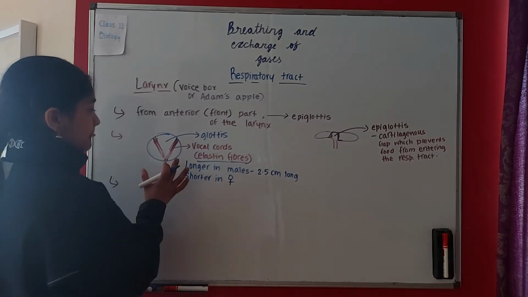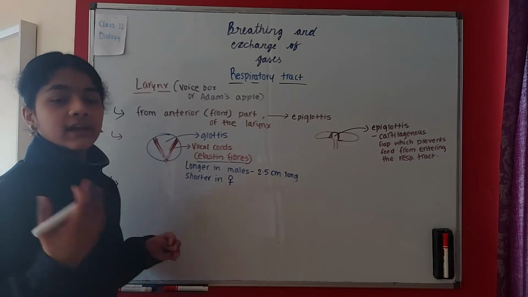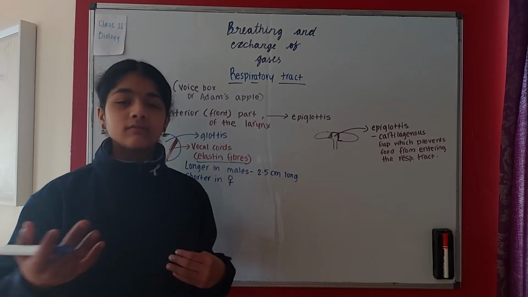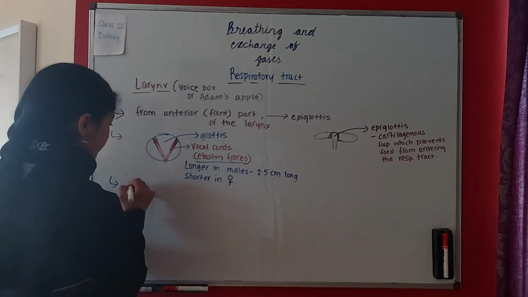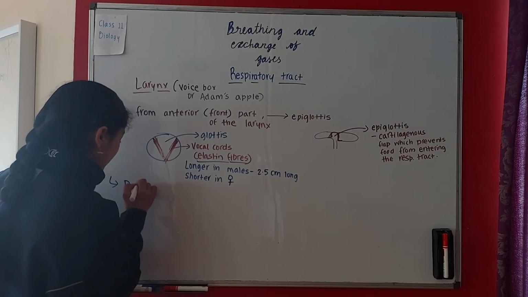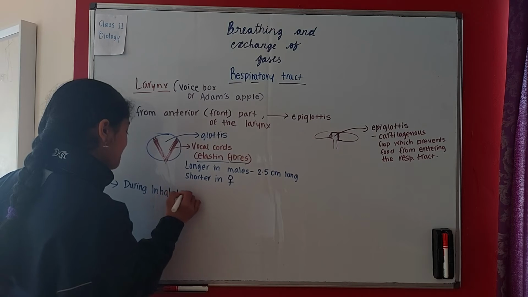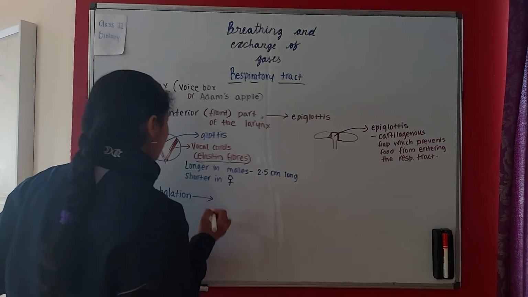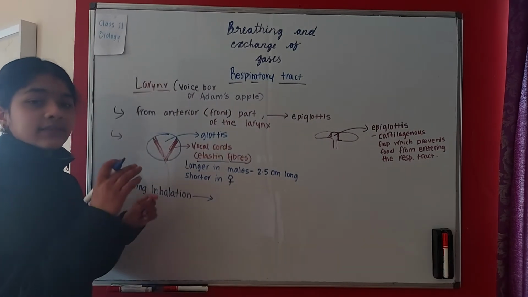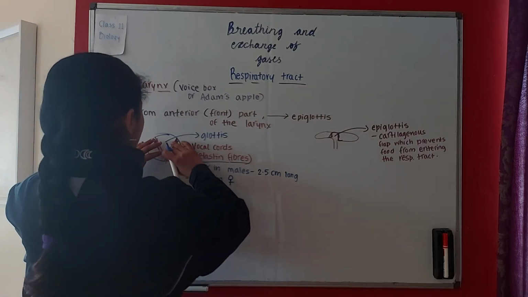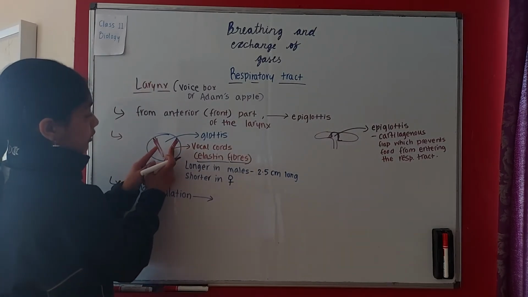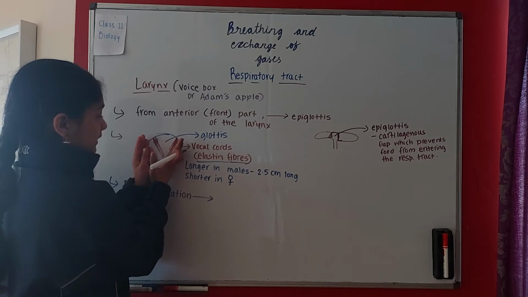So when we inhale, which means when we take in the air or breathe in the air, during inhalation these vocal cords contract. Contract means they move apart like this.